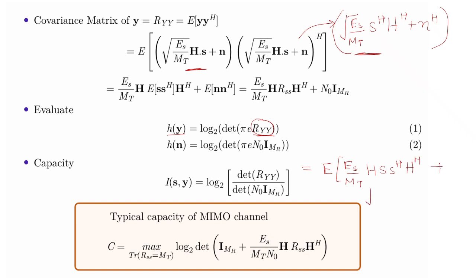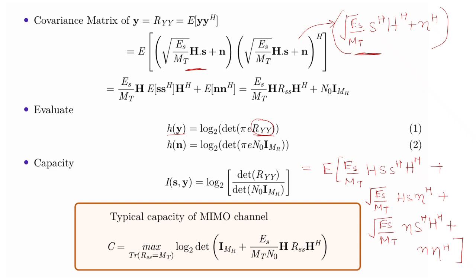Then the second term is root Es by Mt H S N Hermitian. Then you get root Es by Mt N S Hermitian H Hermitian plus N N Hermitian. So basically we have multiplied this term with this term and this term, and then N with this term and this term. Simple multiplication.